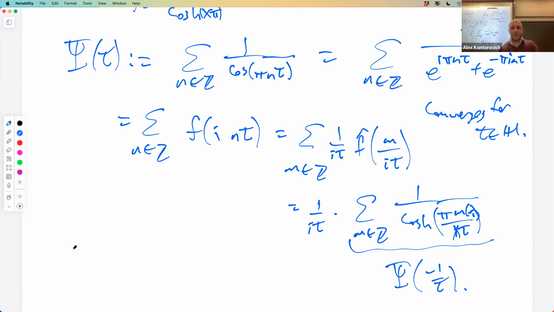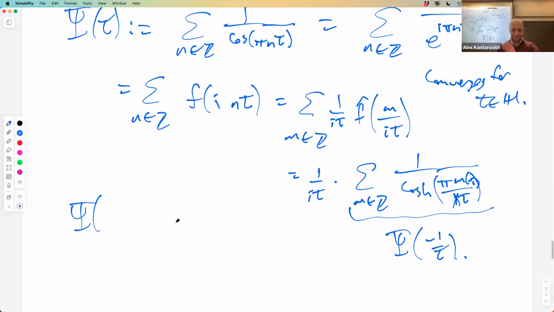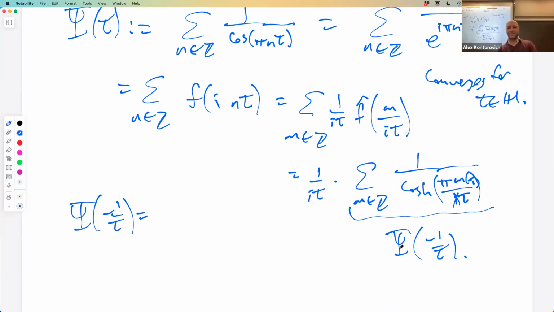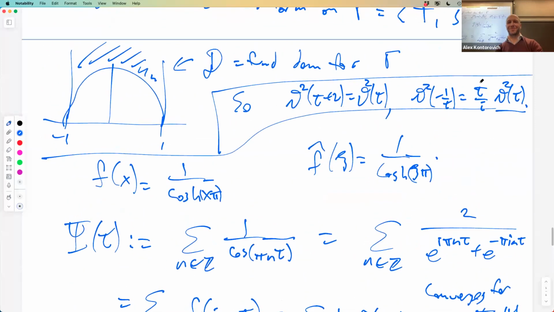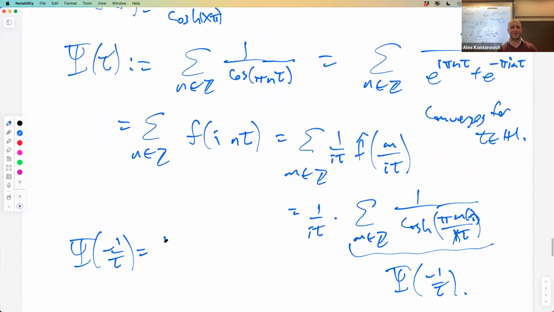And what we've learned is that psi, and by the way, this is also invariant. Okay, I'll come back to the invariance in a second. Psi of negative 1 over tau, if I move this to the other side, is equal to i tau. That i should be in the denominator. I want it to be the same as this one.